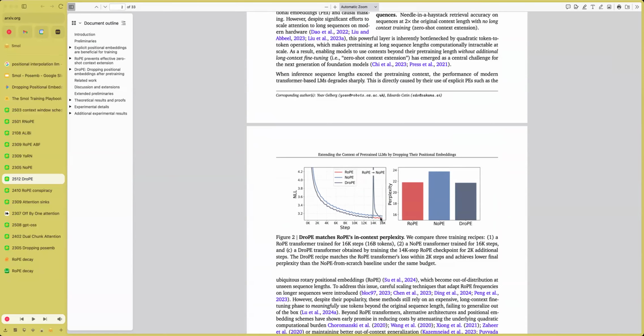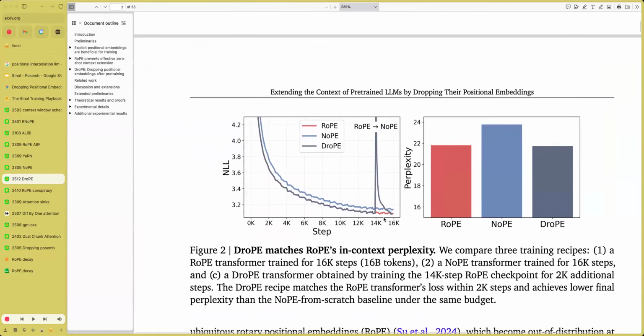Then we drop RoPE entirely and go with NoPE, and of course our loss rises dramatically, but after not a lot of training steps it drops back to the lower values that NoPE reaches. I'm just playing the plot here.